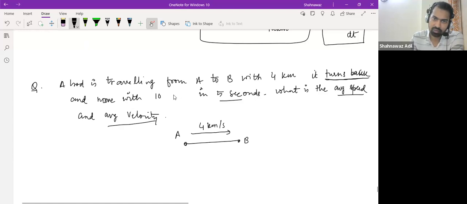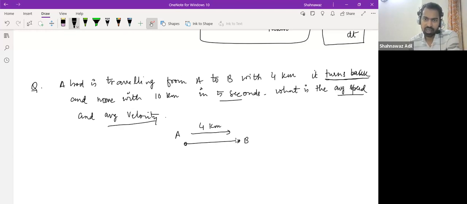The body covers 4 kilometer in this direction, and then it changes its direction and moves this way 10 kilometer.